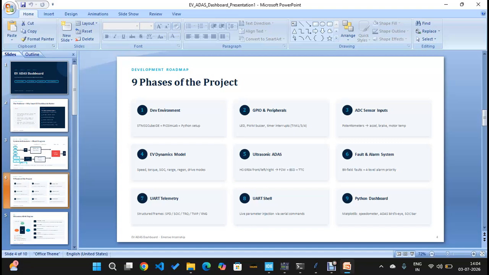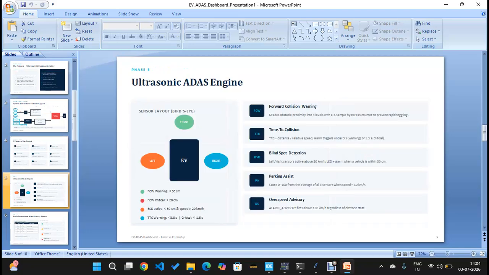So this is all this. After that, the fault and alarm system. These are the features of the project, and the UART telemetry, which is speed, SOC, torque, temperature, and range, and then UART shell, and then the Python dashboard. So yeah, this is the whole thing, and let's move to the next slide.